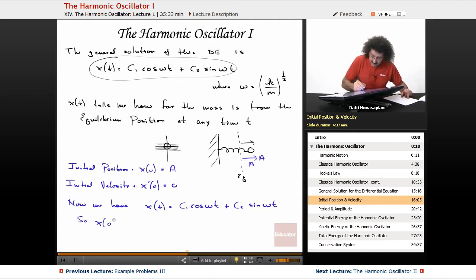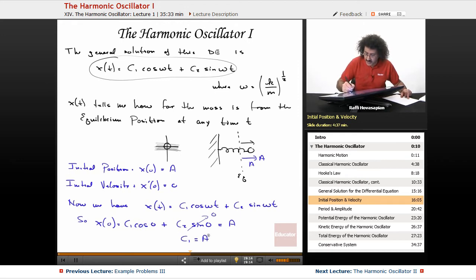So x of 0 is equal to c1 times the cosine of 0, when I put 0 in for t, here and here, plus c2 times the sine of 0, and we know that x of 0 is equal to a. Well, the sine of 0 is 0, so that term goes to 0. Cosine of 0 is 1, therefore c1 is equal to a. So we found that coefficient.